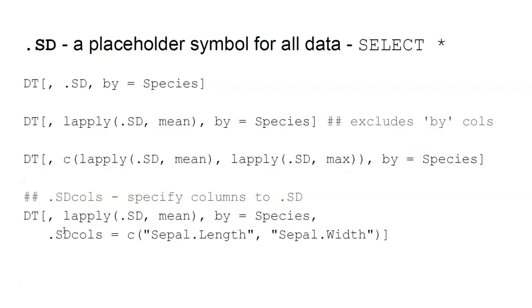And then there is also another argument, .SDcols, which can be used to subset the columns which we are interested in within .SD. So this way, instead of taking all columns other than the by argument, we can explicitly provide which columns we want to have in the .SD placeholder.